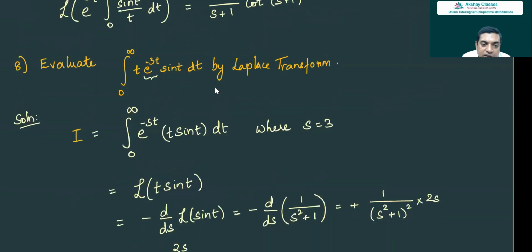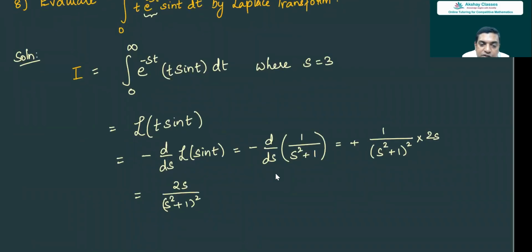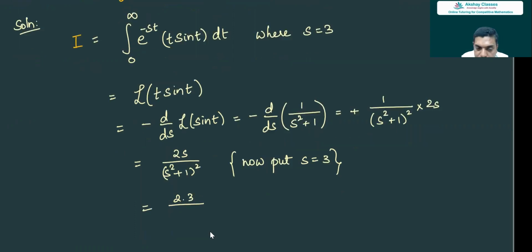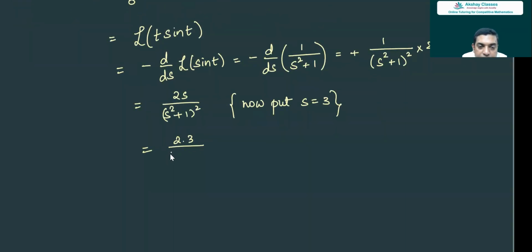Now here we have to substitute s equal to 3. So you get 2 into 3 by 3 square, 9 plus 1, 10 whole square.